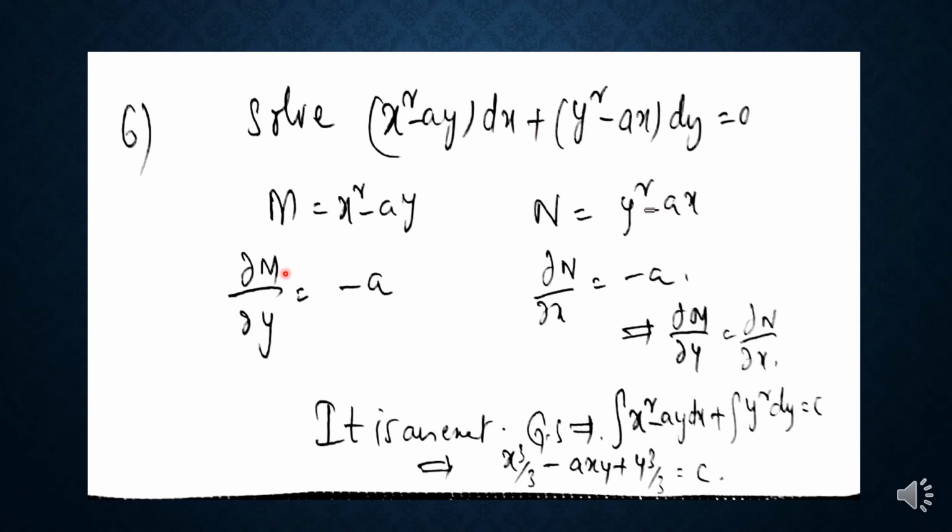Now ∂M/∂y is equal to ∂/∂y of x² minus ay. Here x² is the constant, so ∂/∂y of x² is 0, minus a into ∂/∂y of y is 1, minus a into 1, that is ∂M/∂y is equal to minus a.